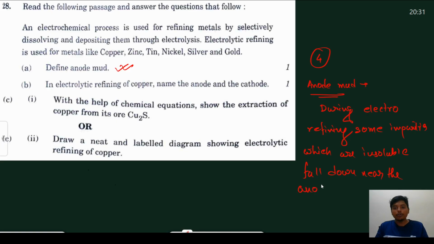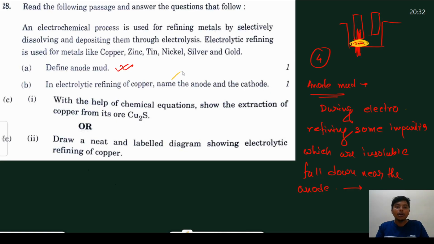Clear? So that will fall down near the anode, and that is known as anode mud. See, in electrolytic refining, we take impure metal as the anode and pure metal as the cathode. Whatever impurities come down from the anode, that is called anode mud.